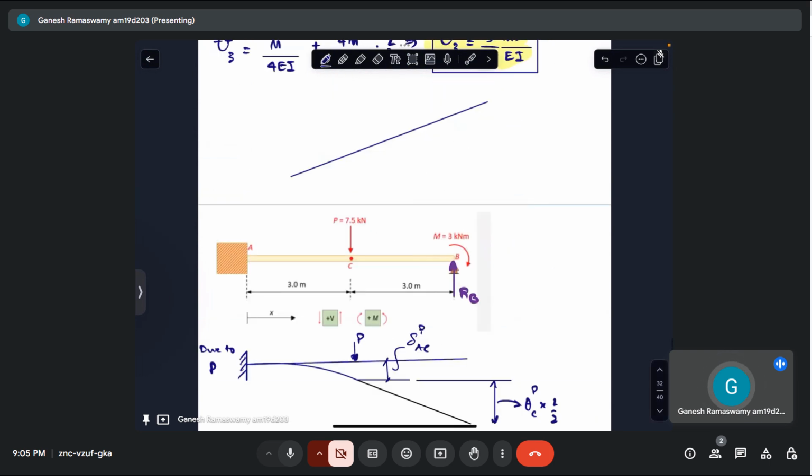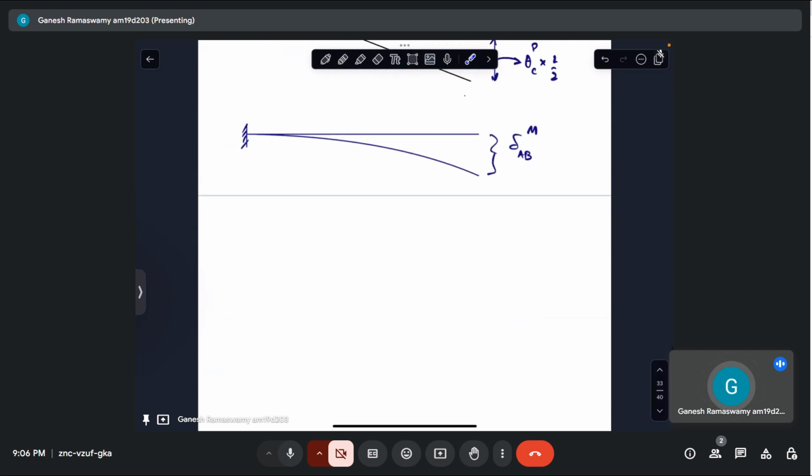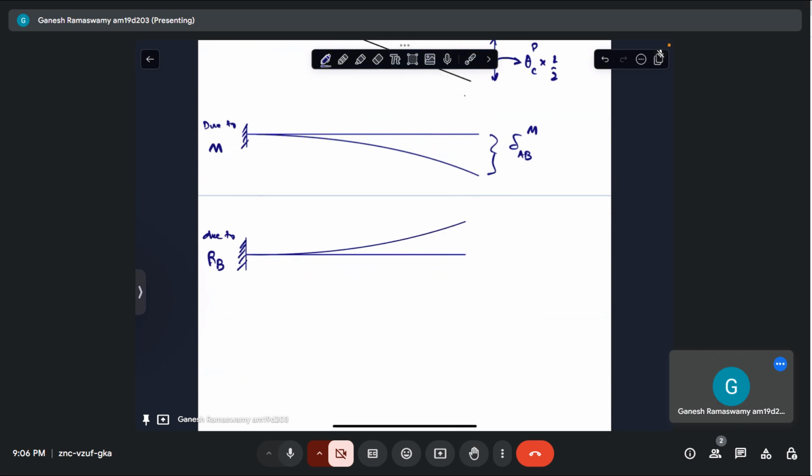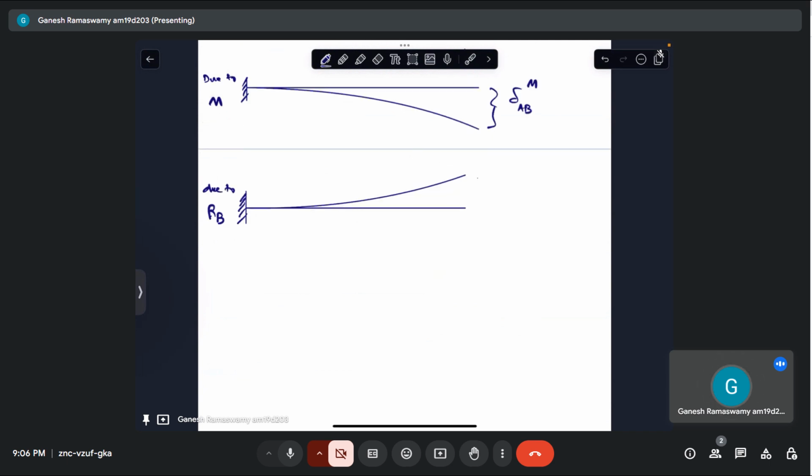And once I apply only RB to the system, it will essentially be its mirror. So due to RB, I have the beam like that. I basically have the deflected shape something like that. So this is delta AB due to RB.